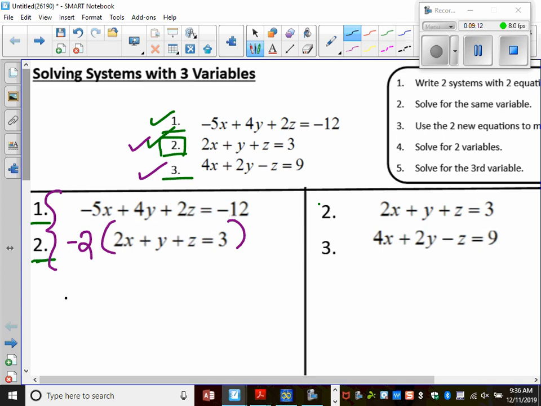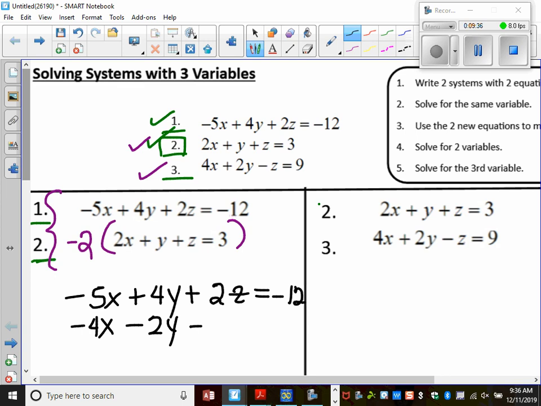We're going to just copy it: -5x plus 4y plus 2z equals -12. Now I'm going to write my new equation for the second one because I'm multiplying everything by -2. So -4x minus 2y minus 2z equals -6.